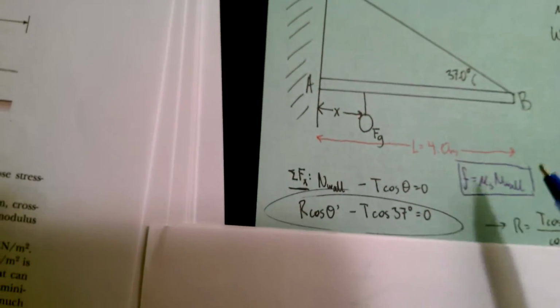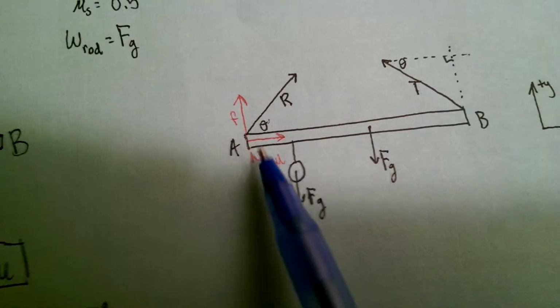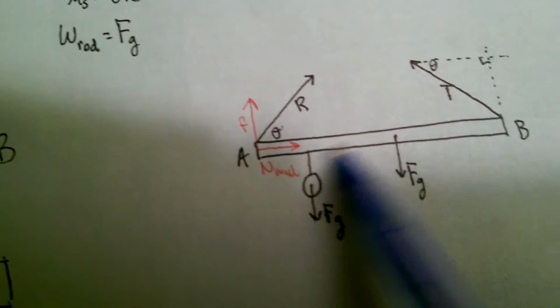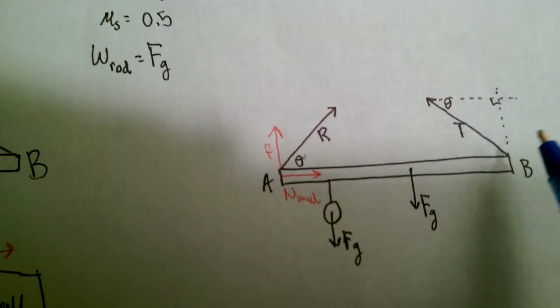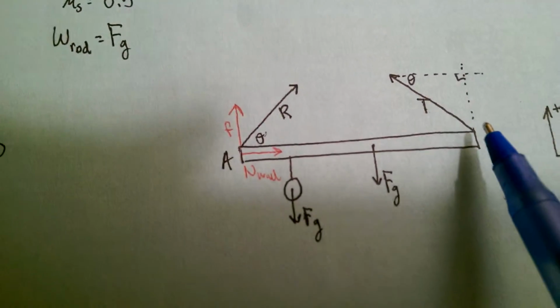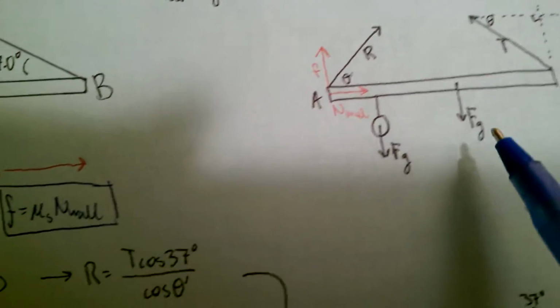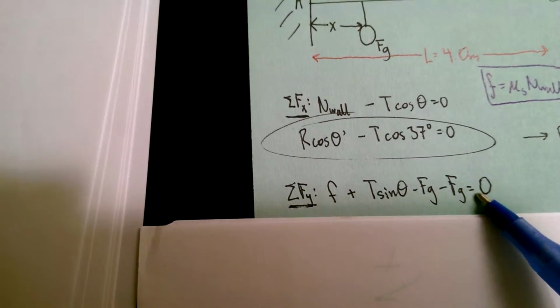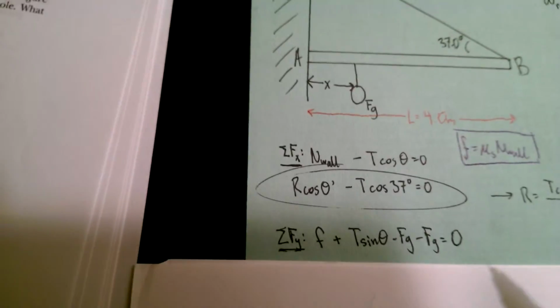So you'd get R cosine theta prime minus T cosine 37 degrees, which is the angle that they give you in the problem. And for the y direction, you have friction pointing up, and then you have the y component of tension, which would be T sine theta, and then you have Fg down and another Fg down. So you'd end up with F plus T sine theta minus 2Fg equals 0 again, because it's not accelerating.